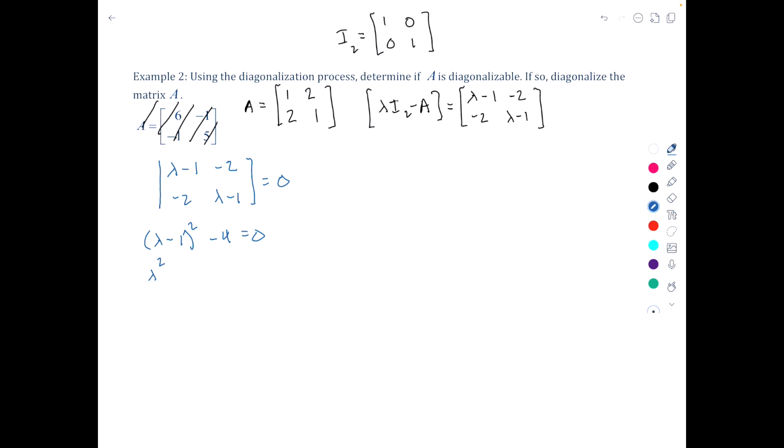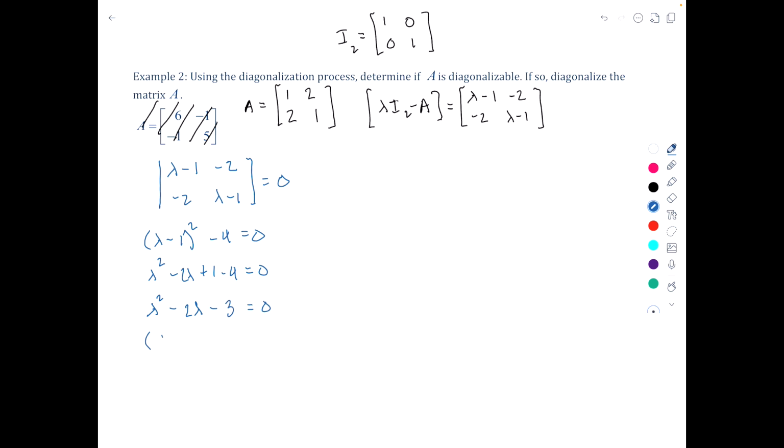And then we'll have lambda squared minus 2 lambda plus 1 minus 4 is 0, which gives us lambda squared minus 2 lambda minus 3 equals 0.